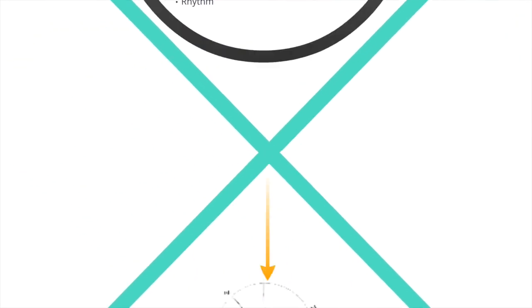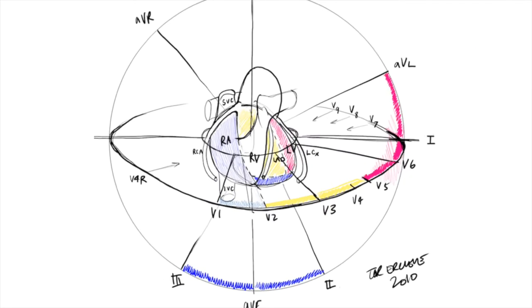This little diagram visualizes how the leads are in relationship to the actual structural anatomy of the heart. This is super important because then you can localize any pathology. For example, if there are ischemic changes, you can say which part of the heart it is coming from, and therefore which artery is the problem.